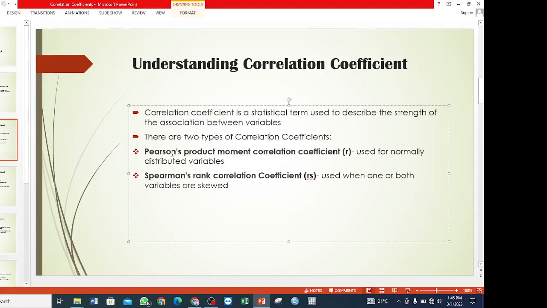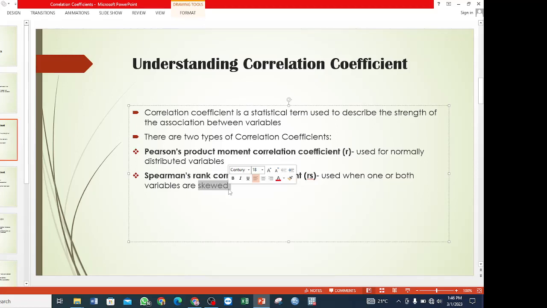One, we have the Pearson's product moment correlation coefficient, and this correlation coefficient is usually used for data that is normally distributed. Whereas the Spearman's rank correlation coefficient, which is the other type, can be used for data that is skewed.